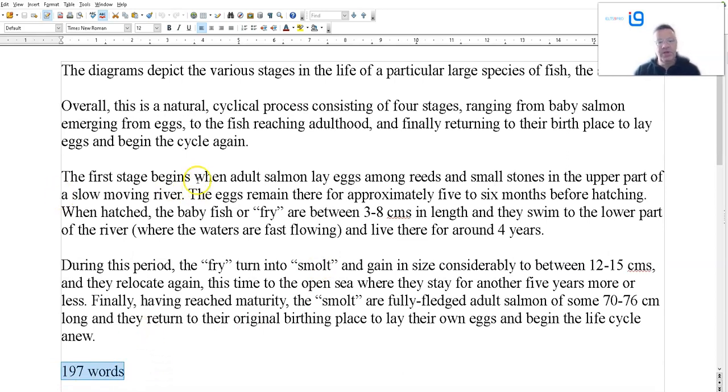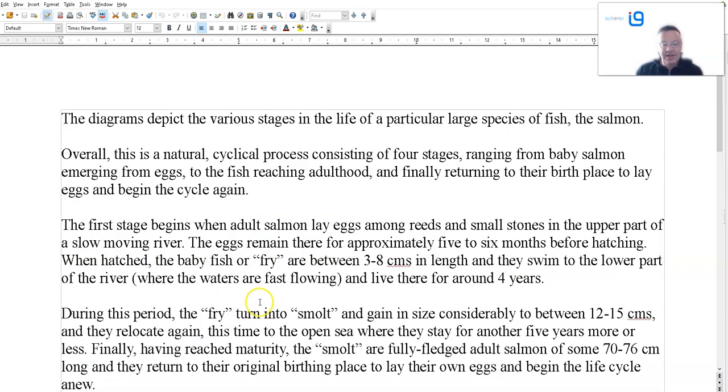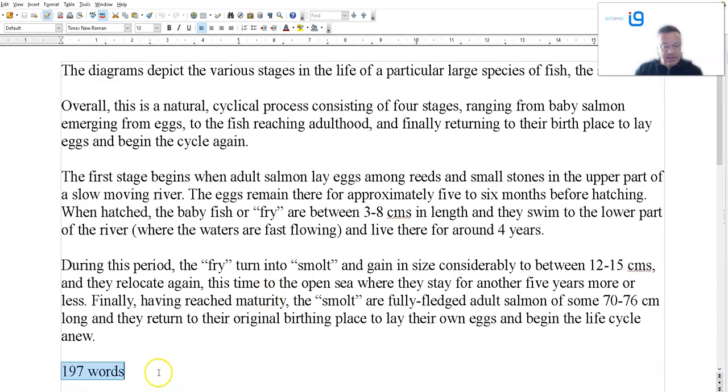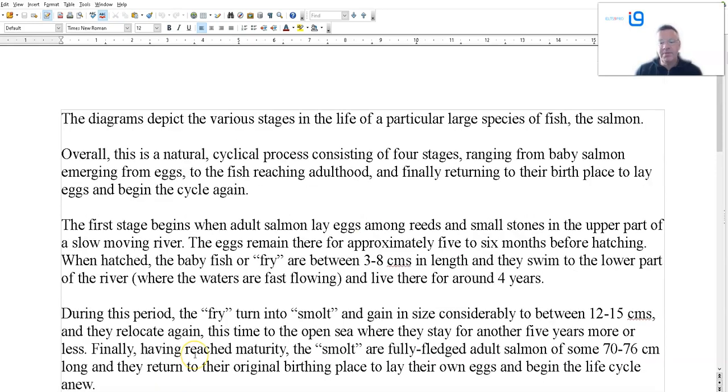The first stage begins when adult salmons lay the eggs remain there, you know. You can, during this period, don't gain it. If you look at how I've constructed my sentences, you can see how you can get that word count up. And, you know, keep this in mind. There's a minimum, but there's not a maximum.